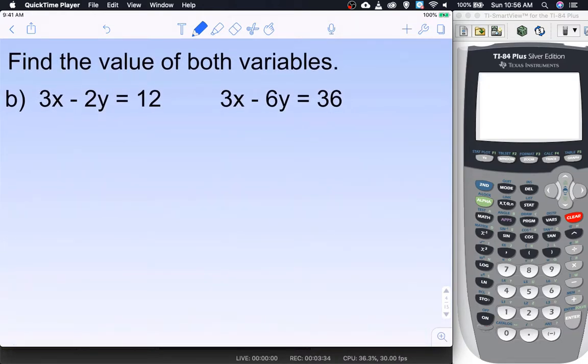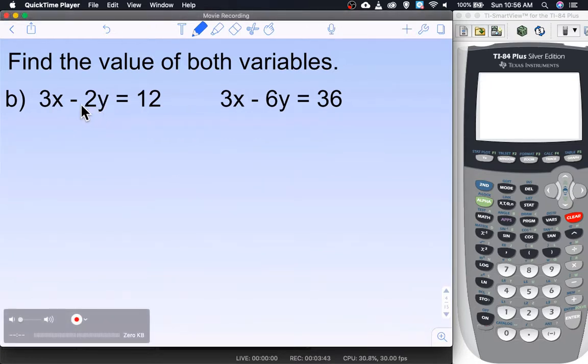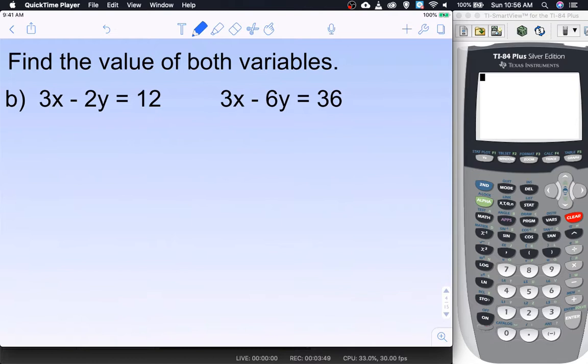Now, many of the equations are not going to be set up for the substitution method. Here, my y is not by itself, my x is not by itself in any of my equations. So in order for us to do the substitution method, we would have to take one of these equations and solve for y or solve for x.